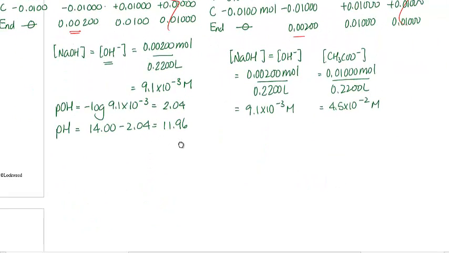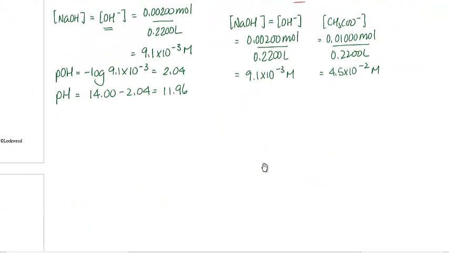Now in this case, there are two potential scenarios. One is that the excess conjugate base will have no effect on the final pH, and one where the excess conjugate base is going to have an effect on the final pH. So let us mathematically examine to see whether the excess conjugate base is going to affect the final pH. I'm going to calculate two scenarios.